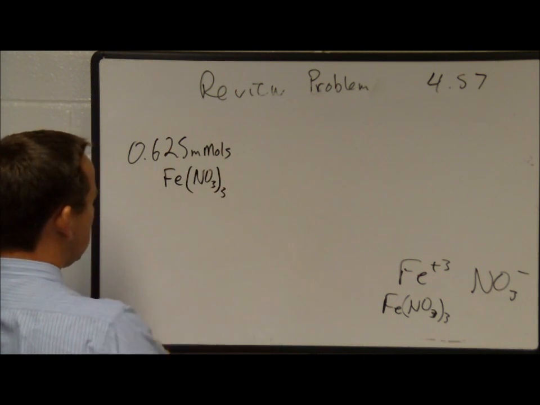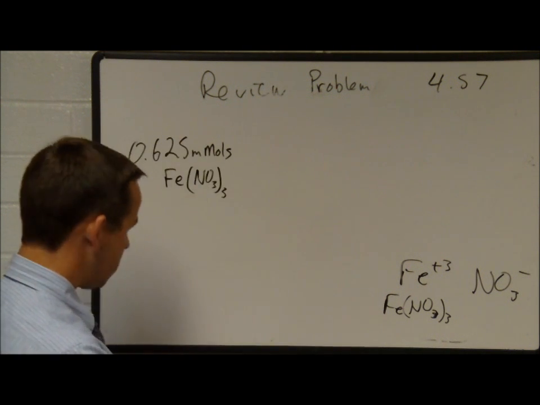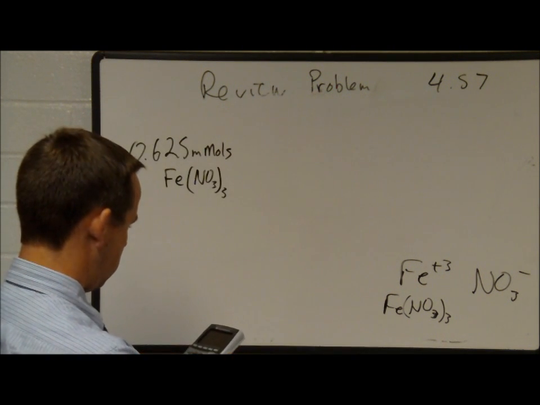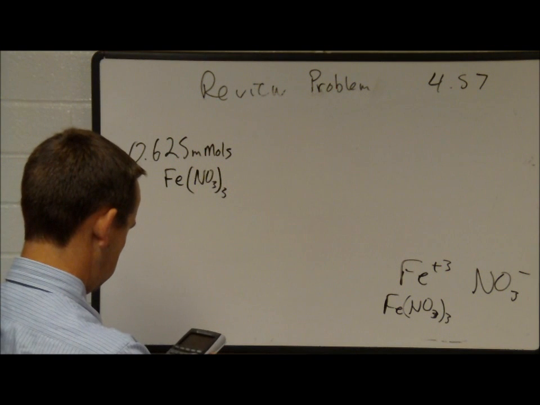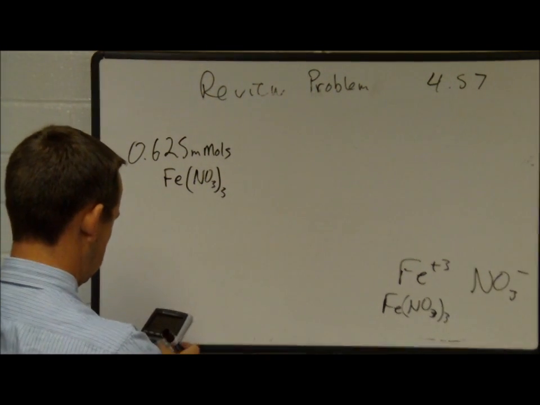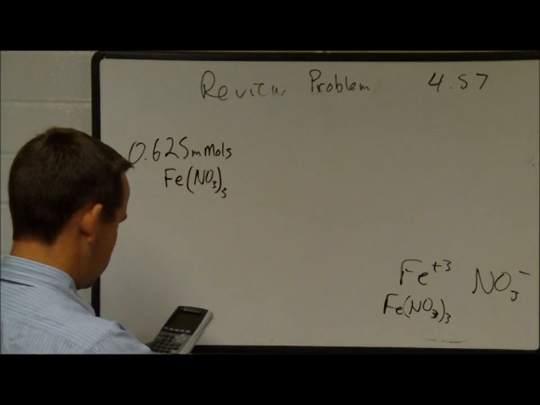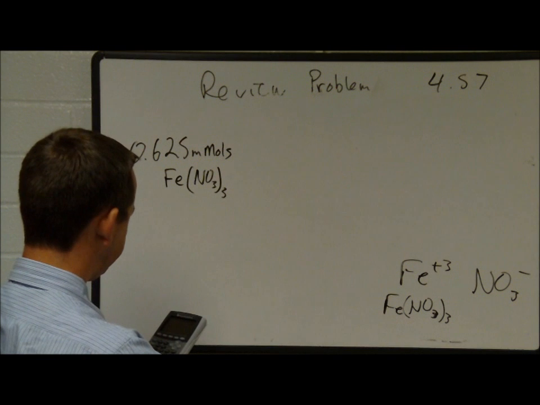Fe(NO3)3, that means we take 3 nitrogens, 14 times 3, plus 16 times 9.